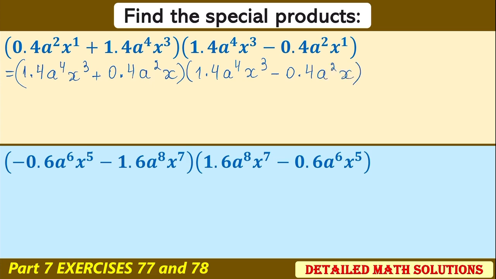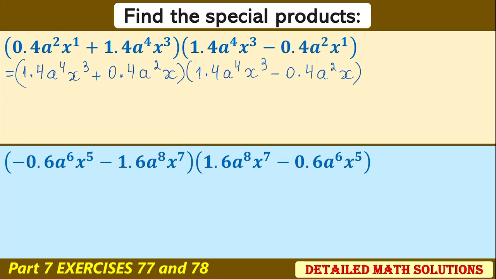The first term, 1.4 a to the fourth power x to the third power, will correspond to the a in the formula. And the second term, 0.4 a squared x, will correspond to the b in the formula.